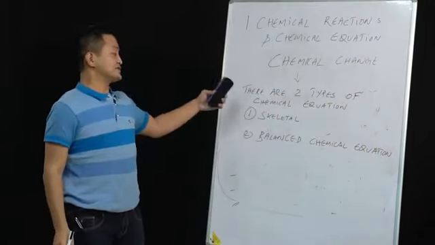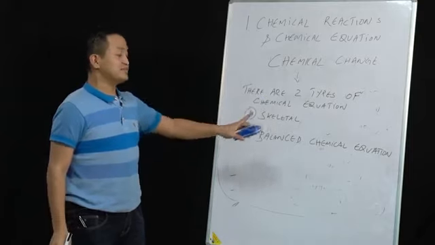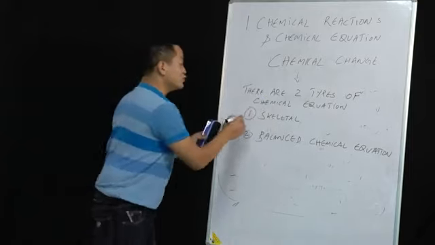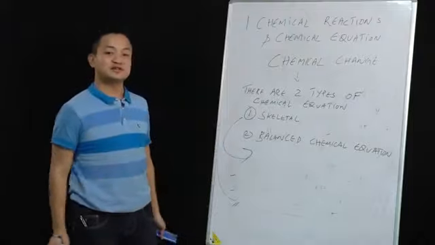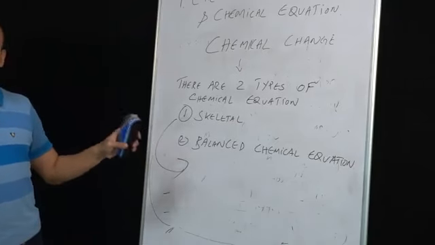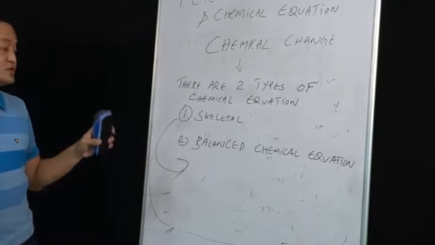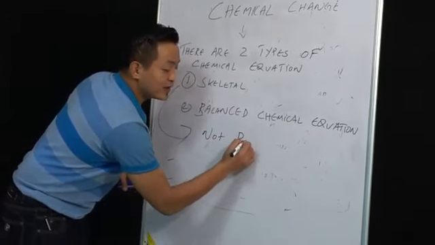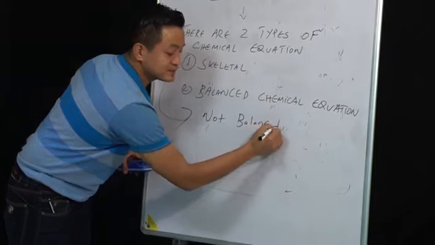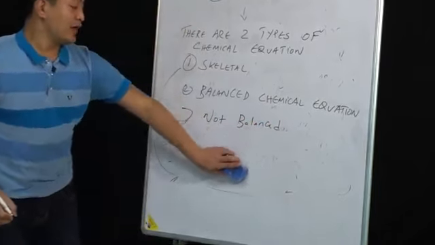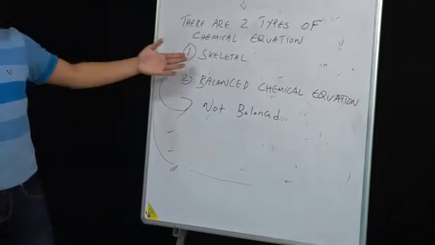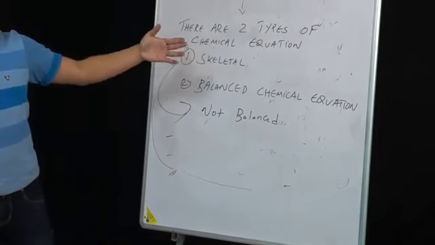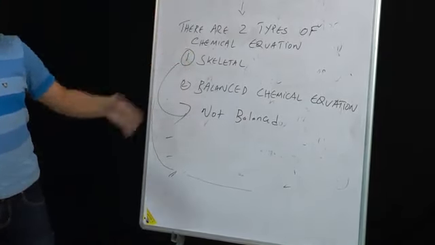So the first one is skeletal chemical equation, the second is balanced chemical equation. What do we mean by a skeletal chemical equation? A skeletal chemical equation means those equations which are not balanced. Clear? And the second one, a balanced chemical equation, means the equation which is balanced.